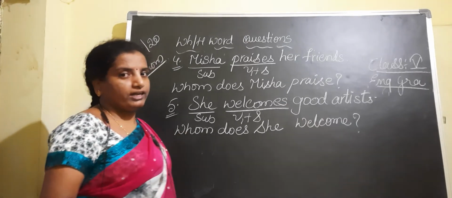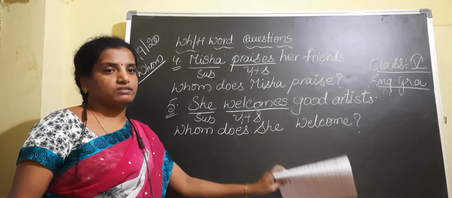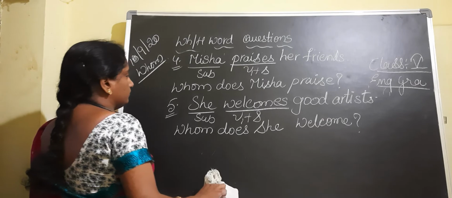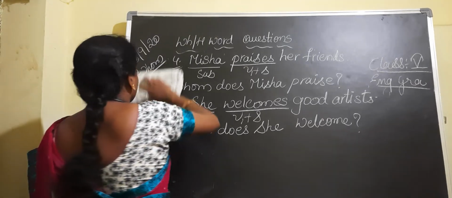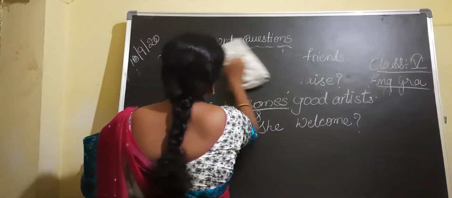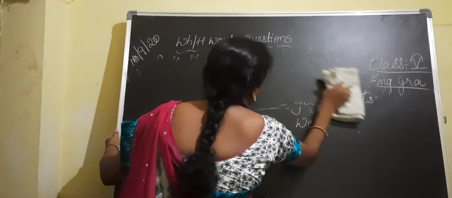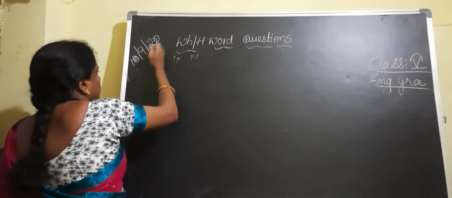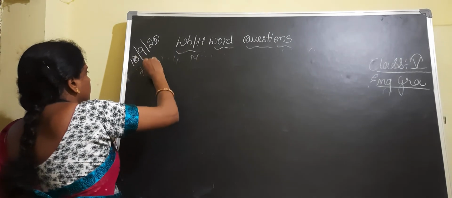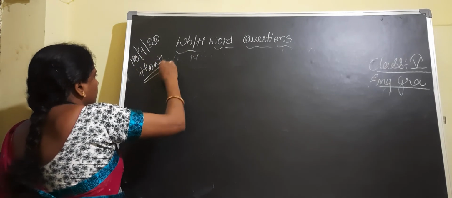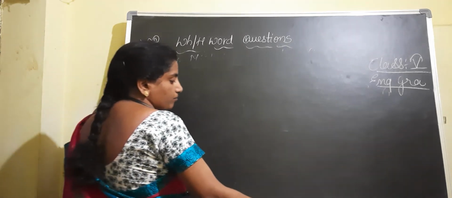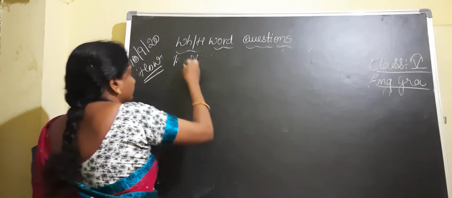Questions with how. Now let us discuss, children, questions with how before we conclude the topic. Now we have discussed the questions with whom. Now questions with how. Question number 1: we win respect by being honest.